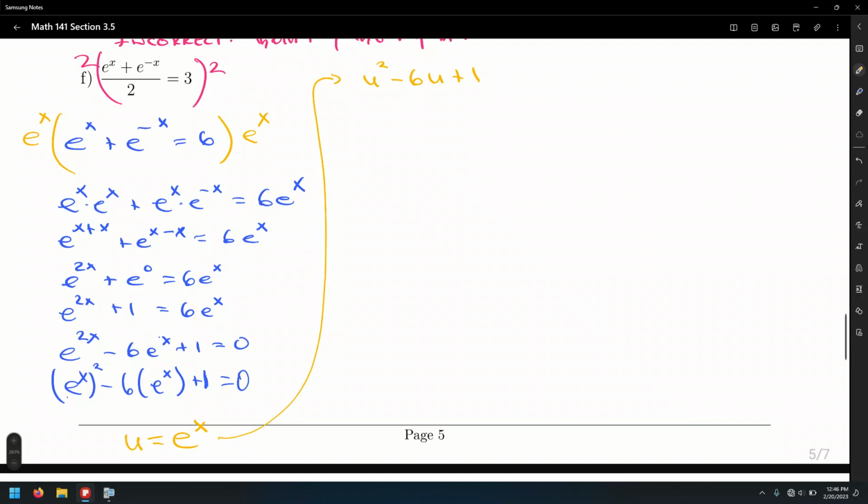And here is where we look at every possible solution technique for quadratic equations. Factoring is not going to work definitely, because there are no factors of 1 that add up to -6. The only factors of 1 are -1 times -1 or 1 times 1.